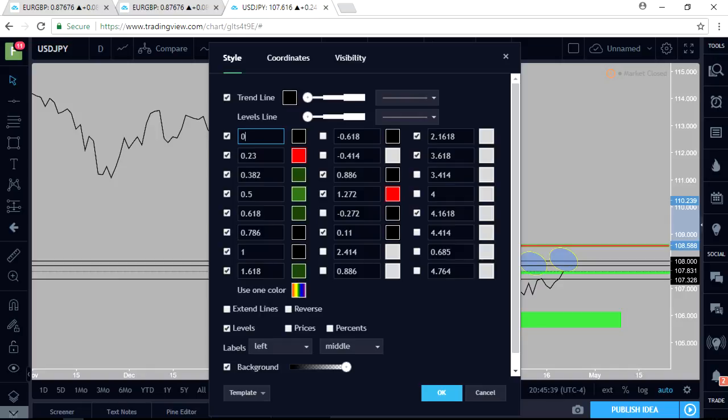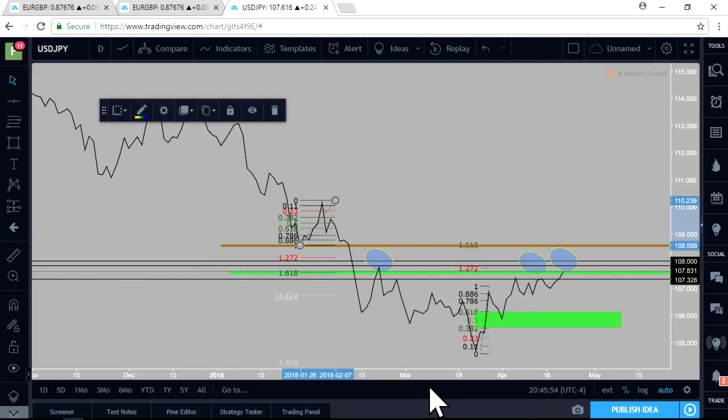So we got the 127, and then we'll just go ahead and add a level on there, 2.127. Okay, that's the same level, 2.127. I'll figure out what level that is down here and show you why the market stopped around that level. I'll figure that out soon.